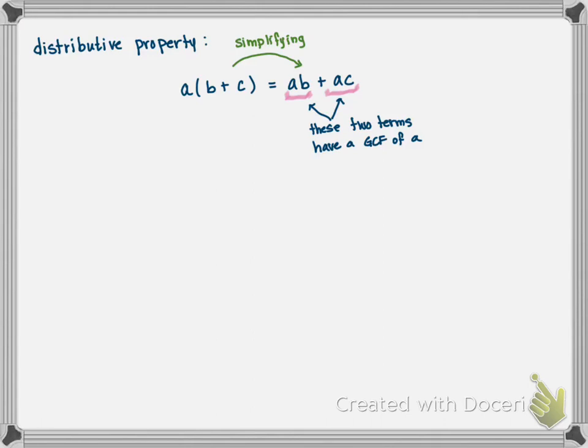So in this case, the first term is A times B, the second term is A times C. So they both contain a factor of A, which means that we can factor the GCF out.